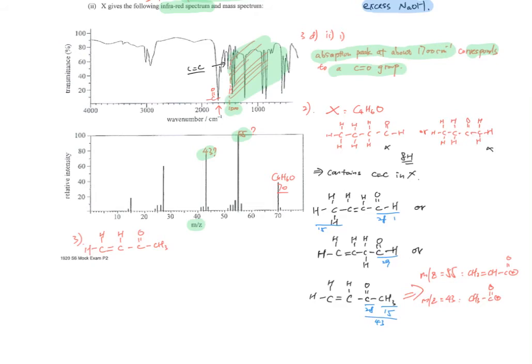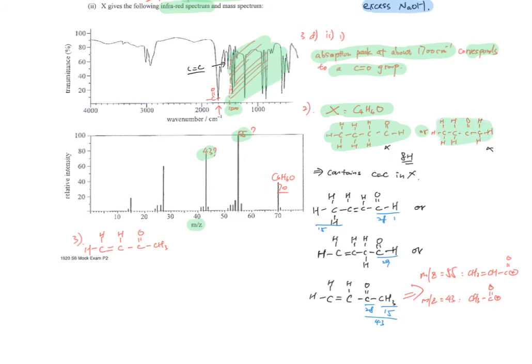Okay, so let's analyze. For X, the formula is C4H6O. If you make a draft, like I made a draft for you already, I draw C4, and then the C=O double bond, so we have the carbonyl group already. So we draw this C=O double bond. Maybe it's an aldehyde or maybe it's a ketone.